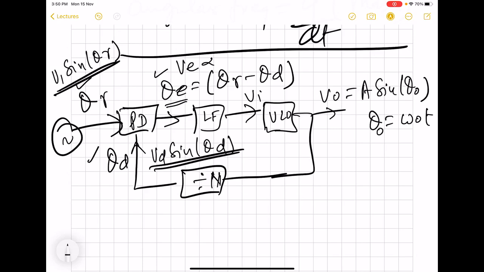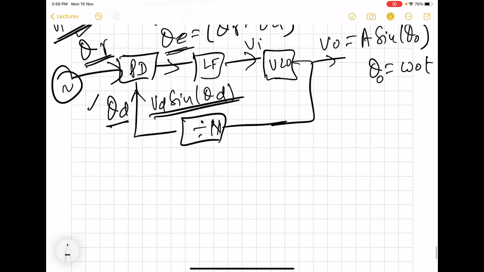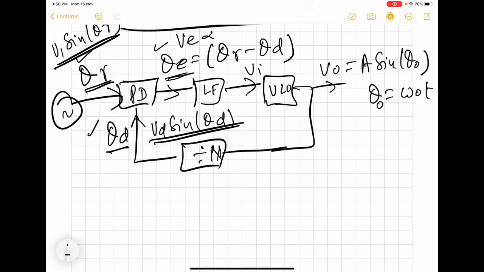So everywhere voltages are involved, but for the purpose of formulating, we talk in terms of phase quantities. Okay. So here we have a loop, and as we know, this loop will basically try to make this error zero. Ideally, if the loop is successfully locked, it should be equal to zero.